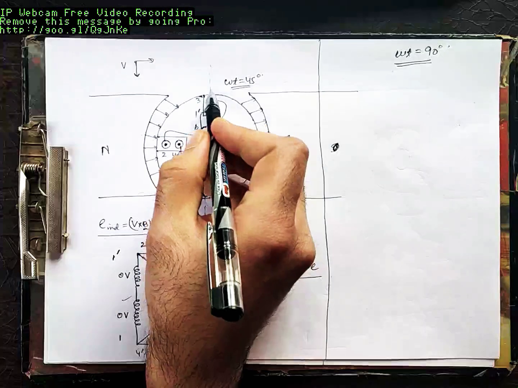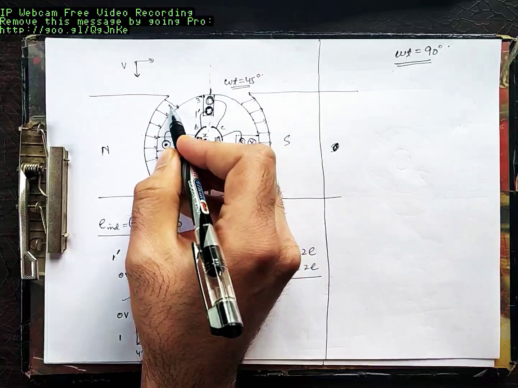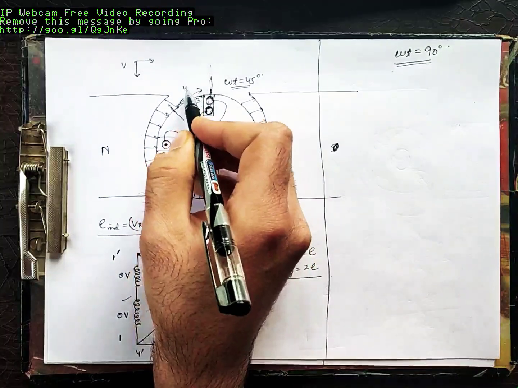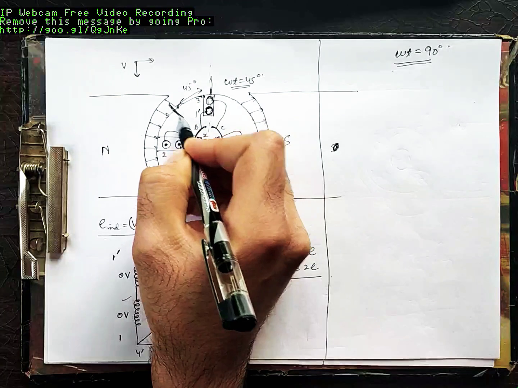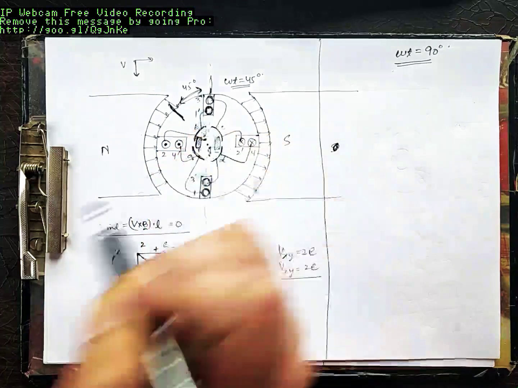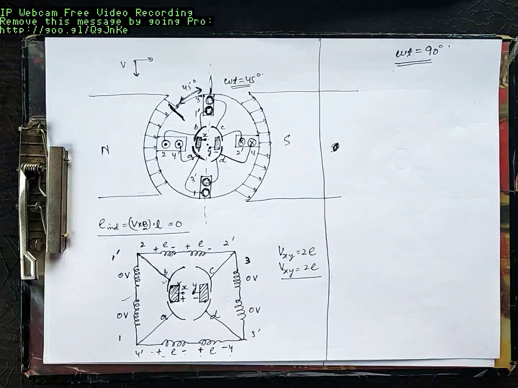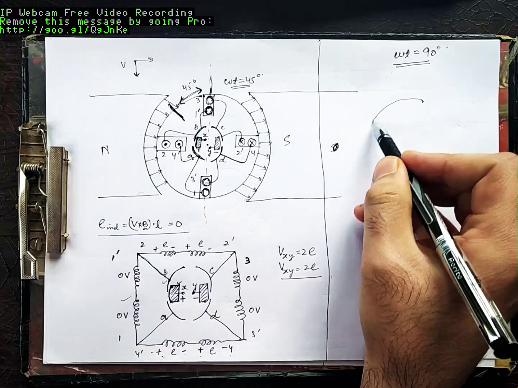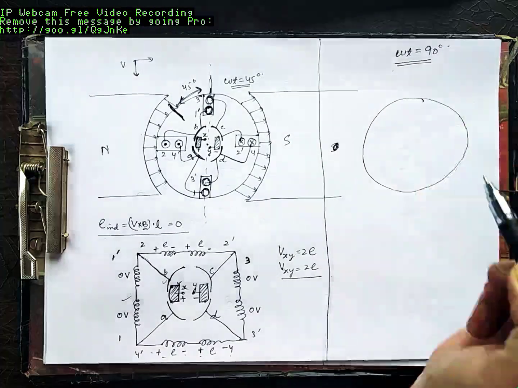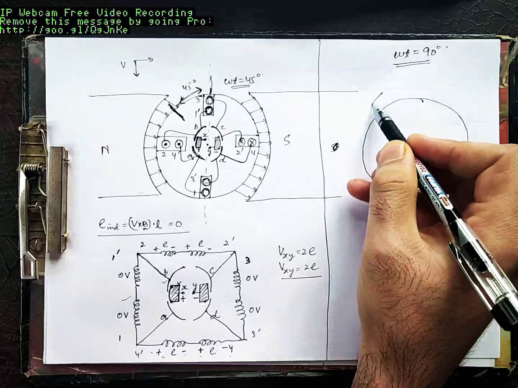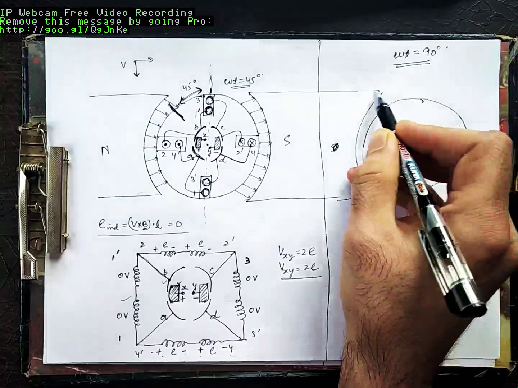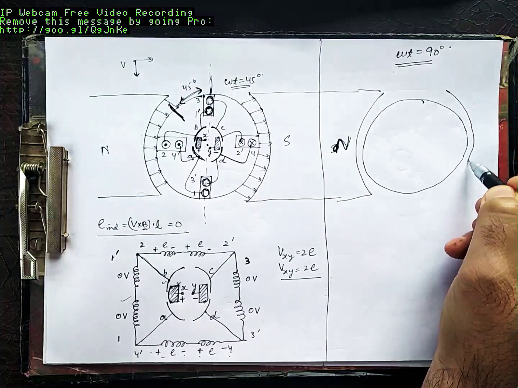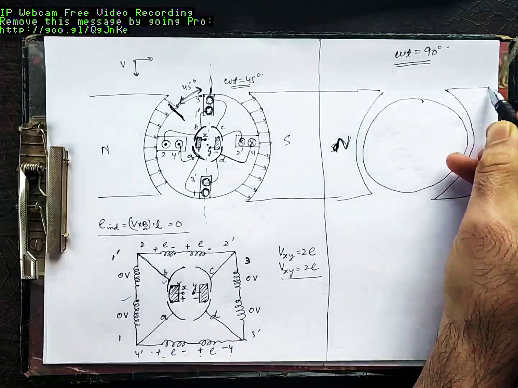So this 3 will reach now this position. So what will the circuit look like? If this is the rotor, this is north pole, and this is south pole.